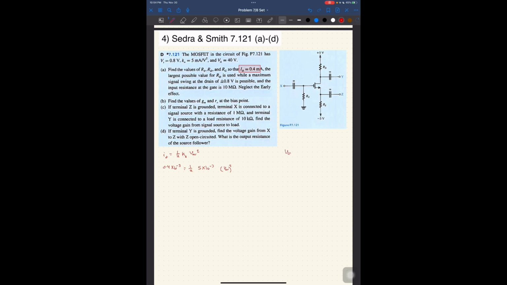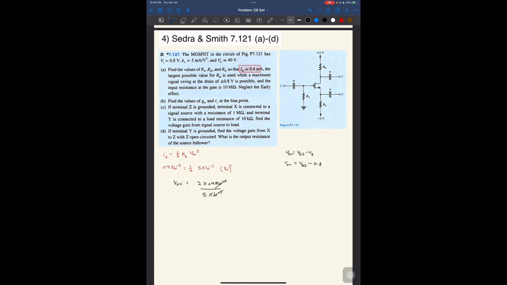I also know that VOV is equal to VGS minus VT. Is that good for you guys? Anyways, VOV is equal to VGS minus VT, and VT is 0.8, so that's VGS minus 0.8 is equal to VOV. Now, when I do the math for this equation, I end up with VOV squared equal to 2 times 0.4 times 10 to the negative 3 over 5 times 10 to the negative 3.